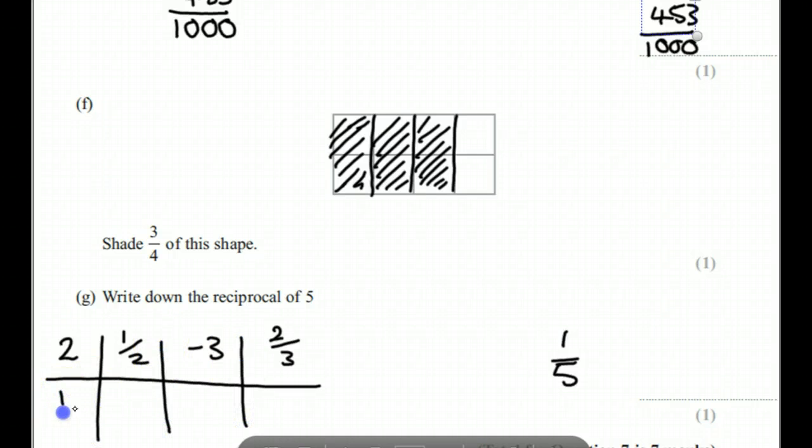So the reciprocal of 2 is a half, the reciprocal of a half is 2. The reciprocal of -3 is -1/3, and the reciprocal of 2 over 3 is 3 over 2. So reciprocal means 1 over a number, but you can also look at it as flipping the number in the case of a fraction.